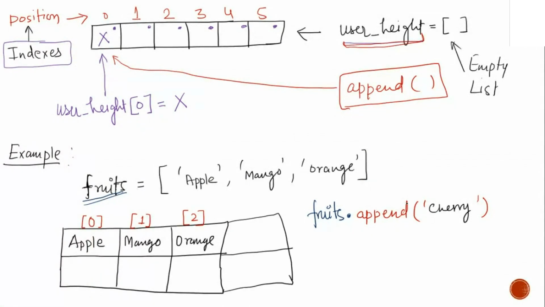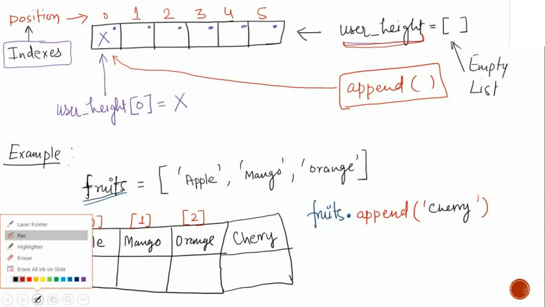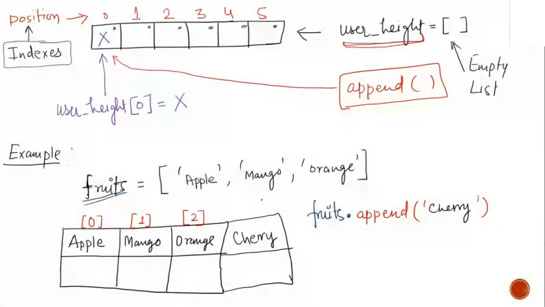It will create one more position, and it will add cherry here. And now this value will be at the third position, or we can say at index three. When we are using the append function, it automatically adds it to the end.